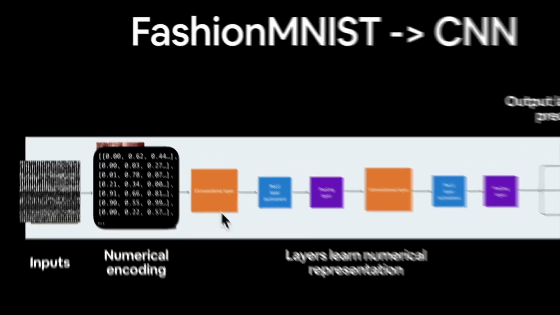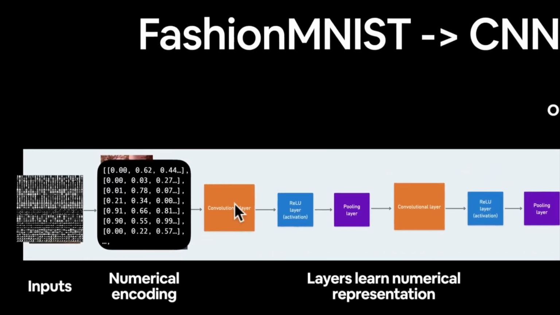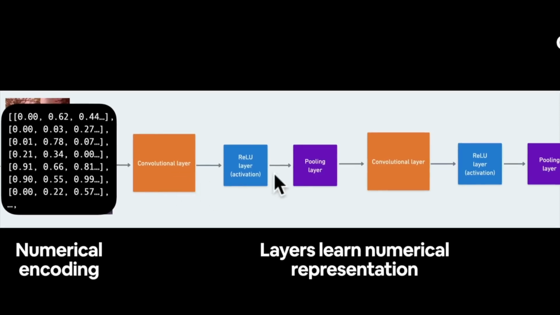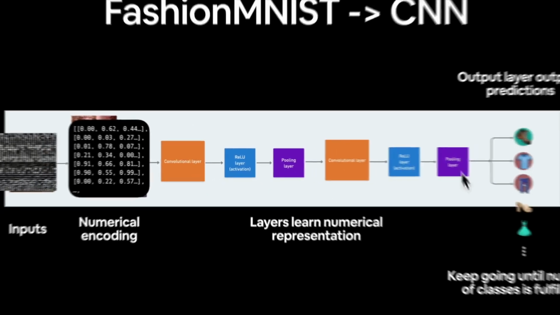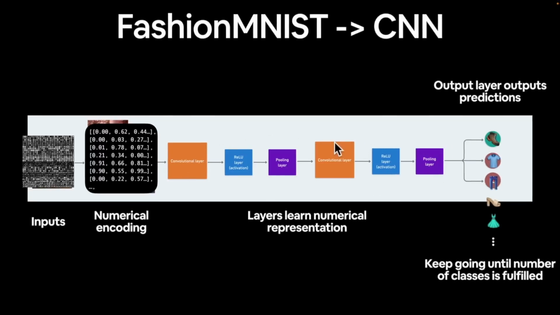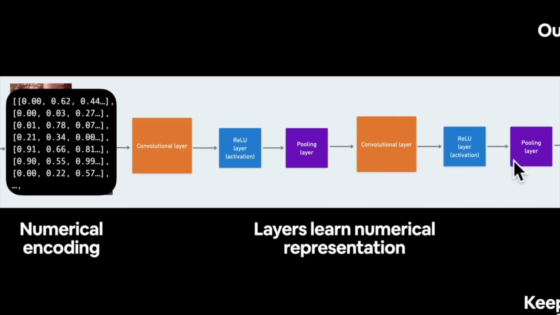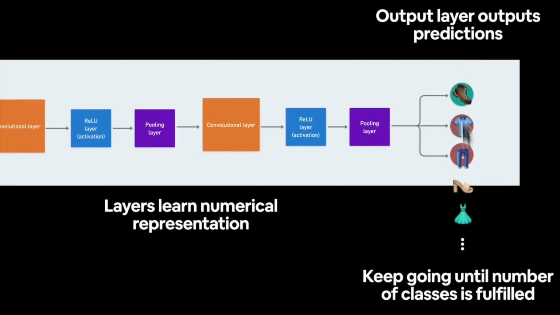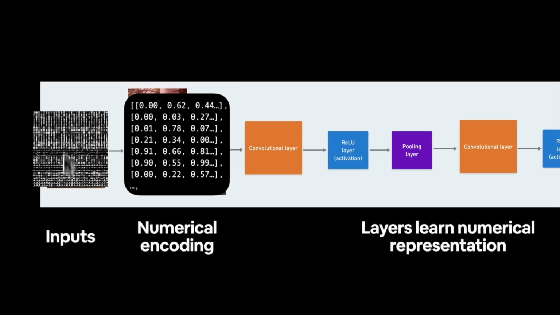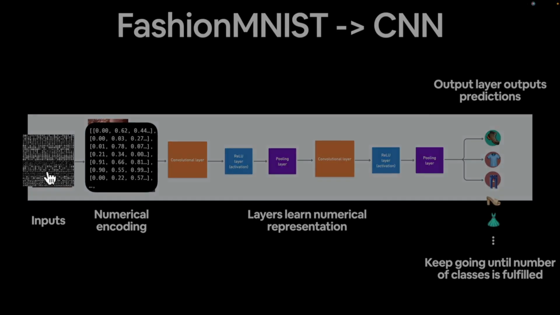Then we have our convolutional neural network, which is a combination of convolutional layers, nonlinear activation layers, pooling layers. But again, these could be comprised in many different ways, shapes, and forms. In our case, we've just replicated the tiny VGG architecture. And then finally, we want to have an output layer to predict what class of clothing a particular input image is. And so let's go back.